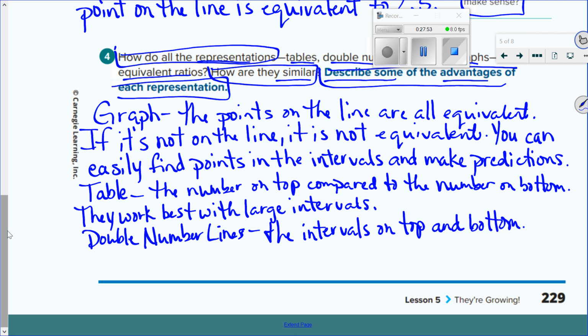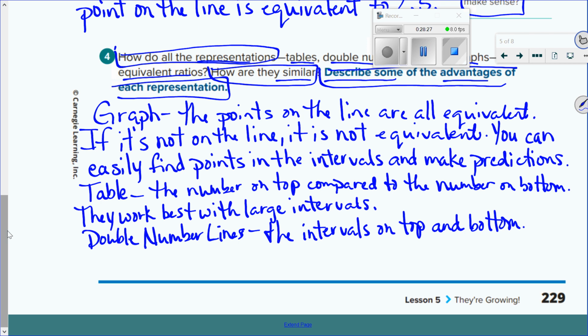So what is the key advantage to the double number line? Madison? It allows you to see the equivalent ratios easily. Okay. Going back to our first representation, what did the double number line do that the table didn't? We pointed it out, right? We saw that gap right away. So it's easy to spot gaps, but one of the other big ones on double number lines is it's actually easy to find intervals in between.